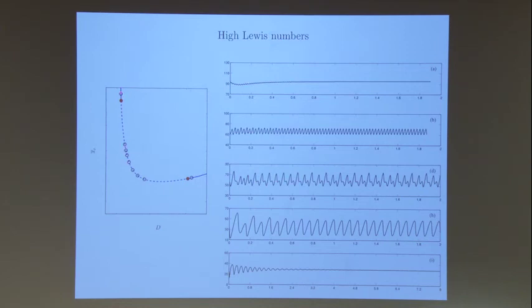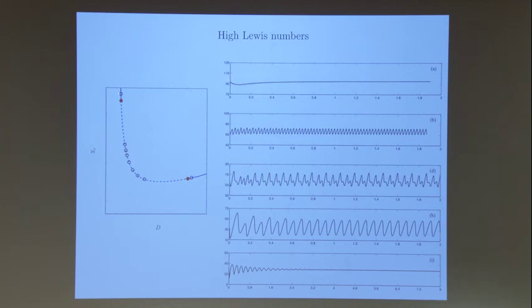The top one is here, the bottom one is here, and a few of the intermediate ones are shown. I didn't show all of them. So for the top one, I think it's this value here. Well, let's see. Oh, there is no scale here. But 90, this is 20. Yeah, it should be the top one.